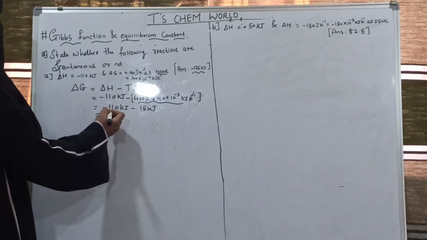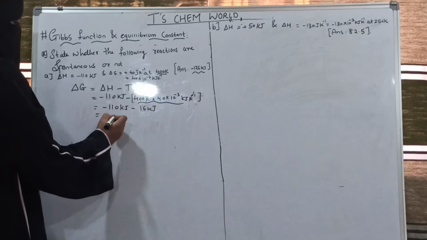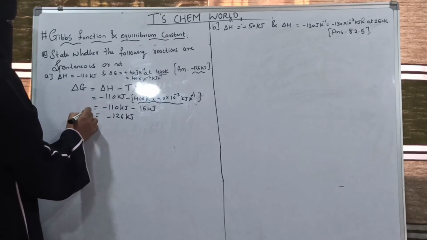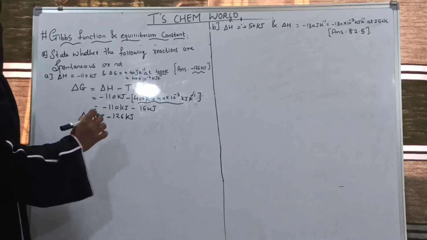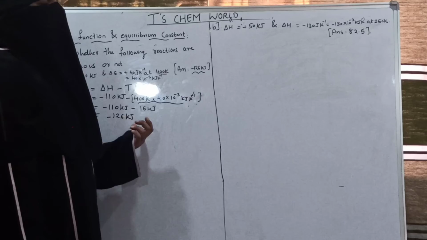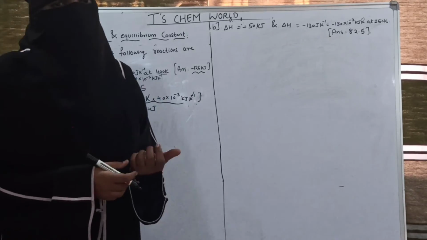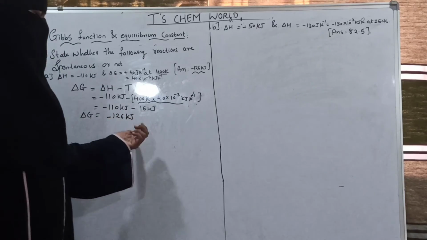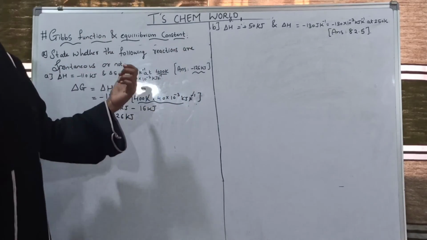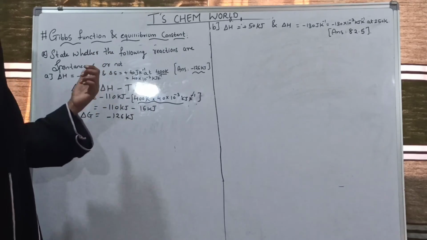Now our answer is minus 110 minus 16, which is minus 126 kilojoule, equal to delta G. Here delta G is minus 126 kilojoule, the Gibbs free energy value is negative, therefore this reaction is spontaneous.